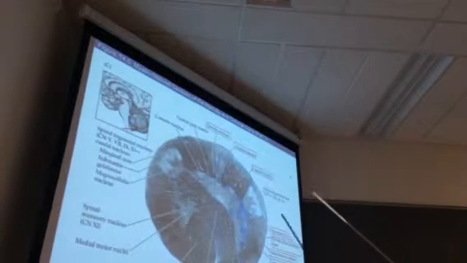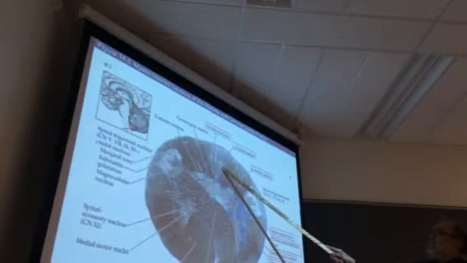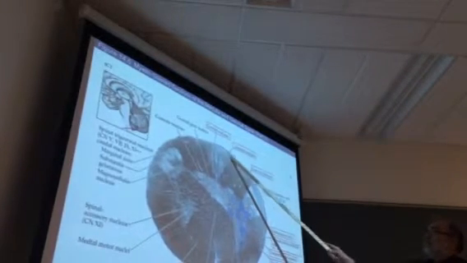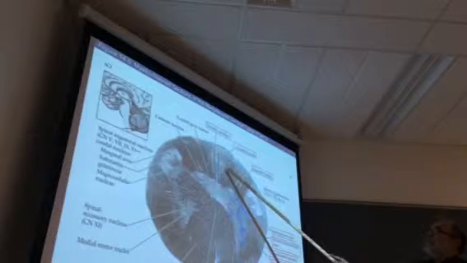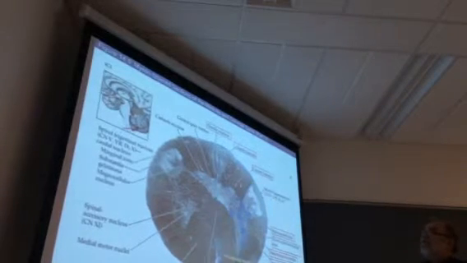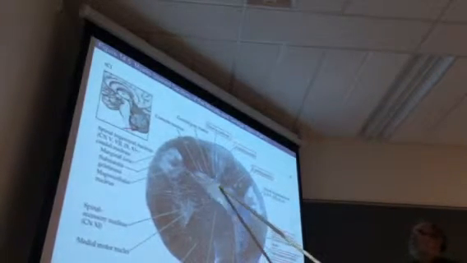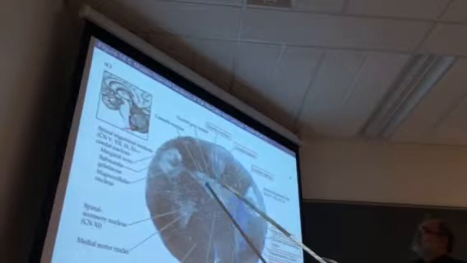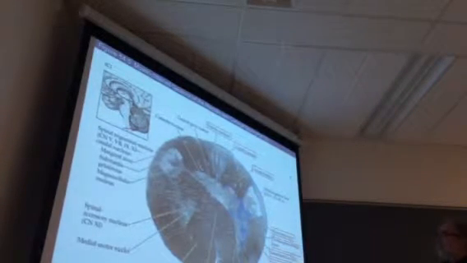But once again, in here, you have the gracile nucleus here, the fasciculi. So the gracile is a little bit inferior. Oh, except down here we have just the tip of the cuneatus. And we have the tracts.